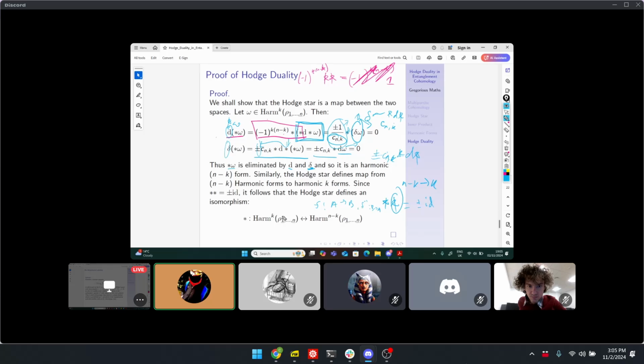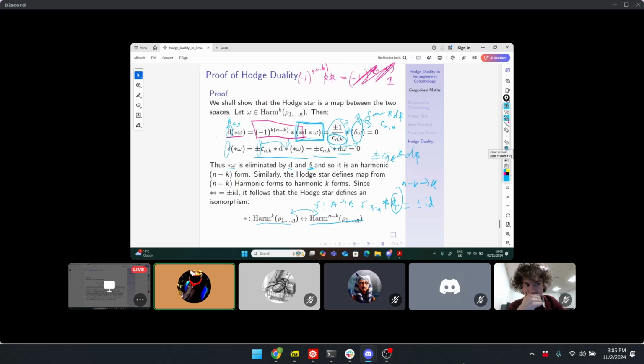And so the Hodge star provides us with an isomorphism between harmonic k forms and harmonic n minus k forms. And now we're done. We've done everything that we wanted to do.